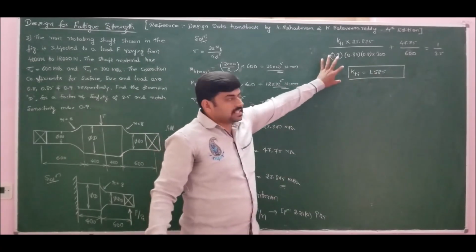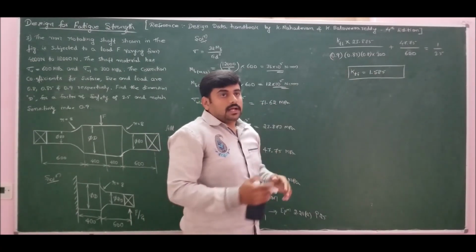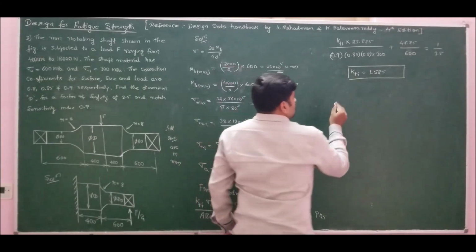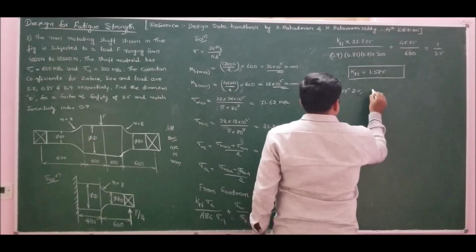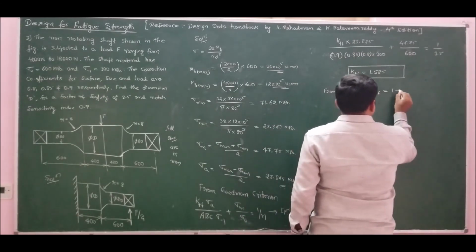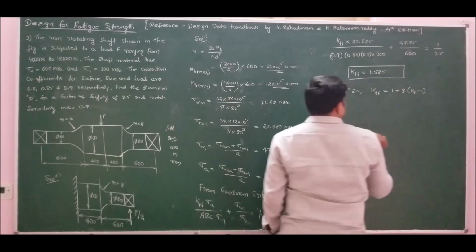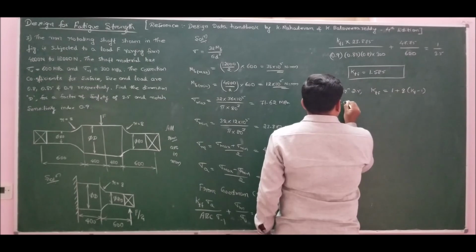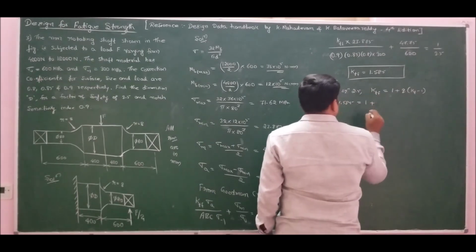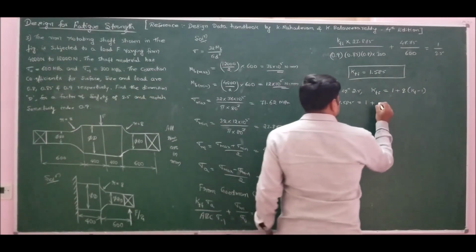Now make use of fatigue stress concentration factor to find the axial stress concentration factor. We know that from equation 2.5, KTF is equal to 1 plus notch sensitivity factor into KT minus 1. So therefore, we have calculated the value of fatigue stress concentration factor as 1.585 is equal to 1 plus notch sensitivity factor is given as 0.9.